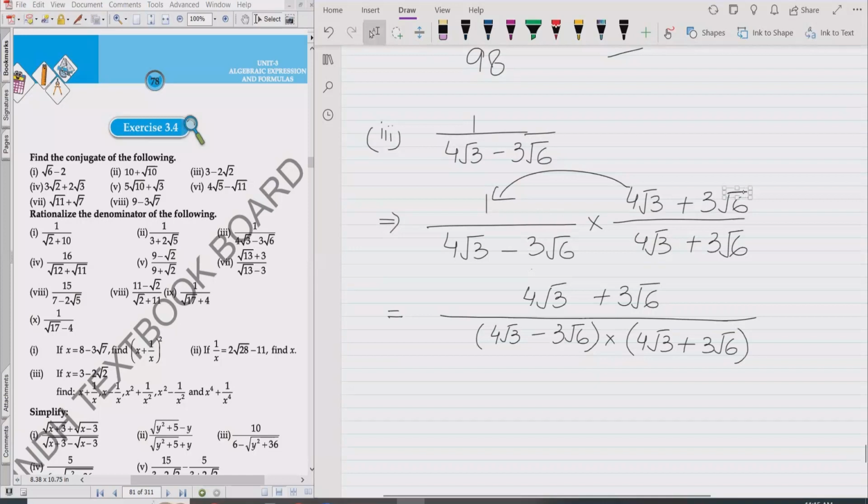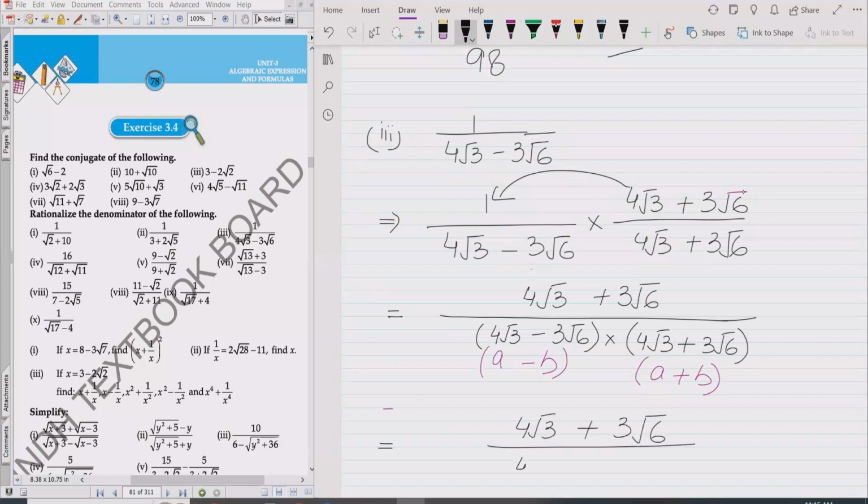Now we can apply a minus b multiplied by a plus b, right? So we can solve it this way: 4 root 3 plus 3 root 6 upon 4 root 3 whole square minus 3 root 6 whole square, right?